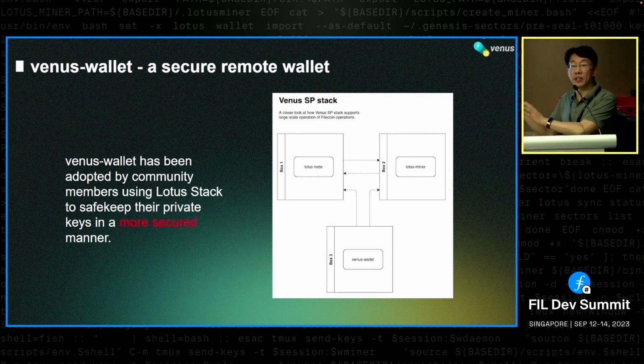To maintain the node. So we have the Velas wallet, separated, and it has some advanced features. For example, we have access control. So you could say that this individual private key can only send certain kinds of messages.